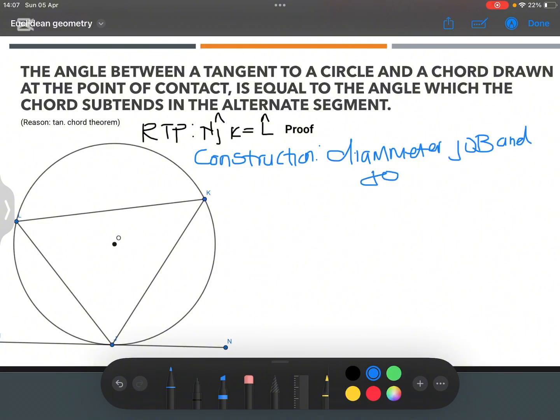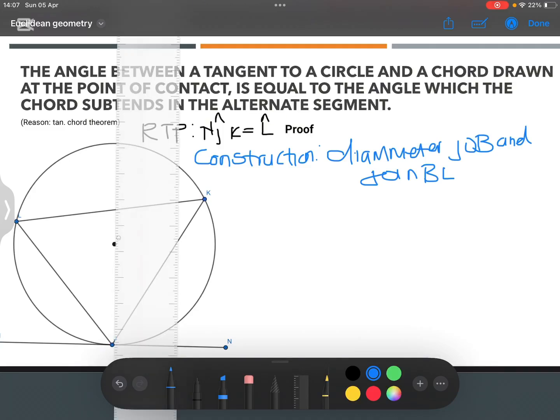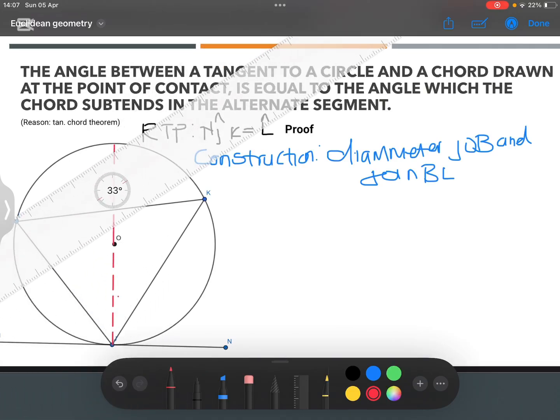and join BL. Okay, let's draw diameter JOB.